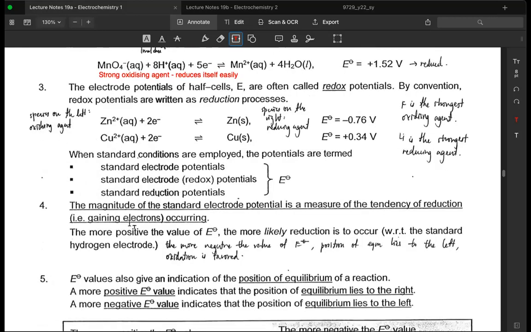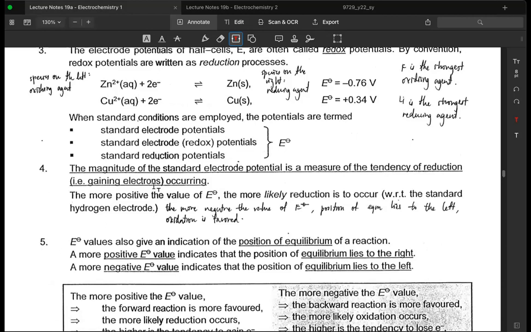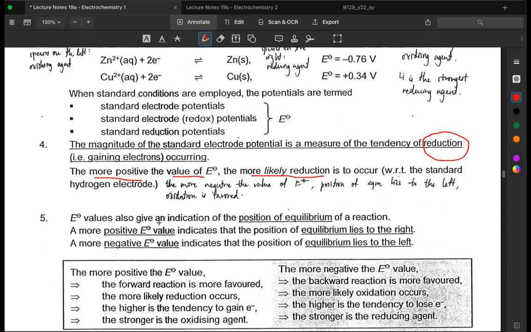Now, the magnitude of the standard electrode potential is a measure of the tendency of reduction. The keyword is reduction. How easily reduction takes place. So the more positive the value, the more likely the reduction will occur. Okay. In other words, the more negative the value, the position of equilibrium is more to the left where oxidation is favored.